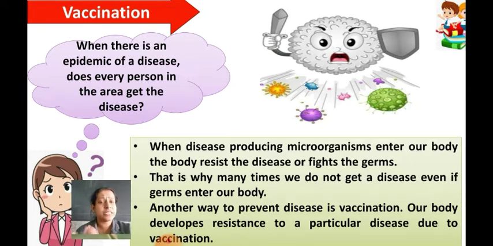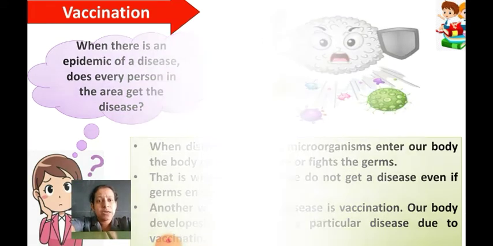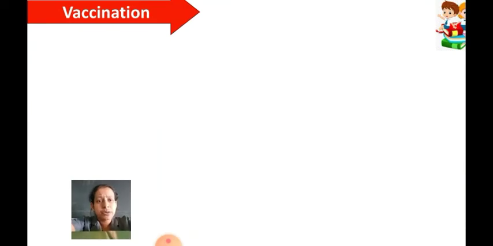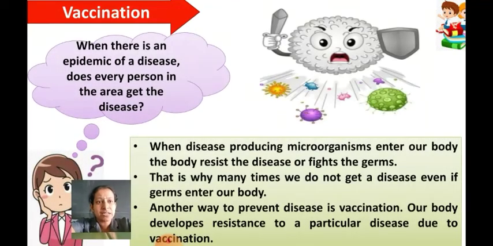For example, tetanus, whooping cough, polio, diphtheria. These different vaccines are given. Even for tuberculosis, when a baby is born, that time the tuberculosis vaccine is given. Before that, you see here a picture I have placed, where a round shaped structure is shown fighting against so many germs.